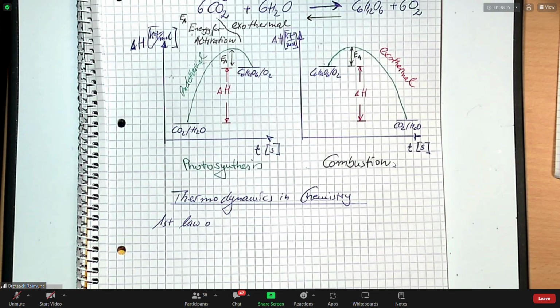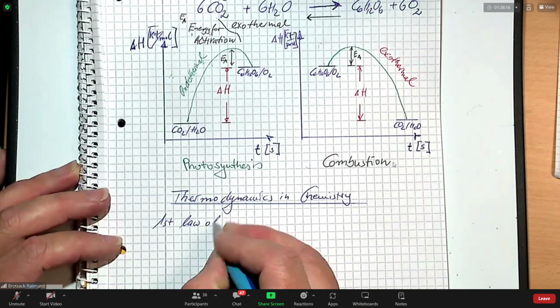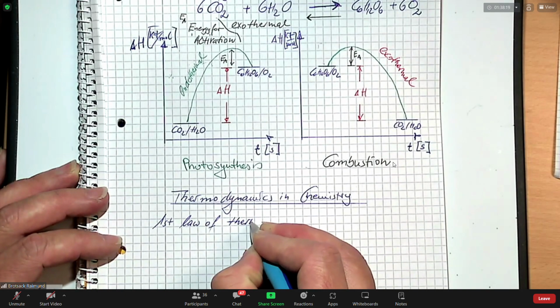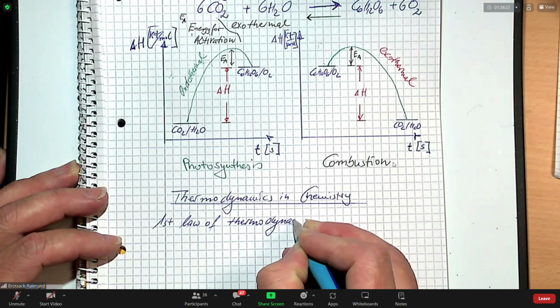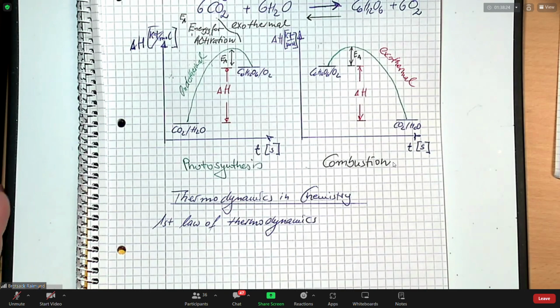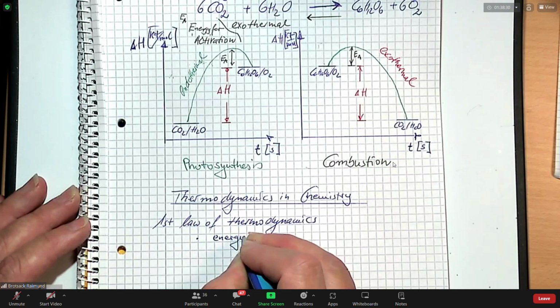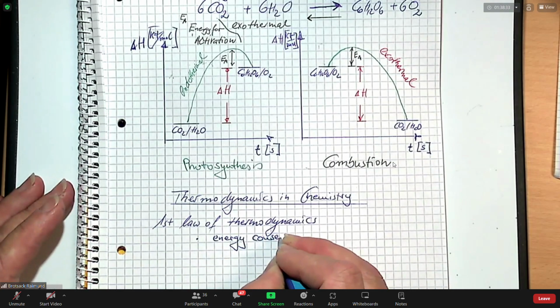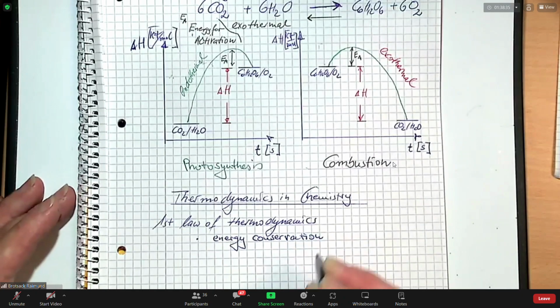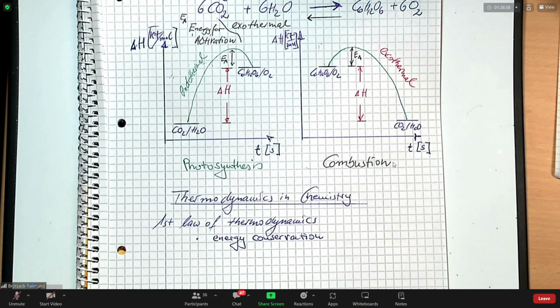It means the law of energy conservation. What does it mean? It means the total amount of energy in an isolated system is constant.